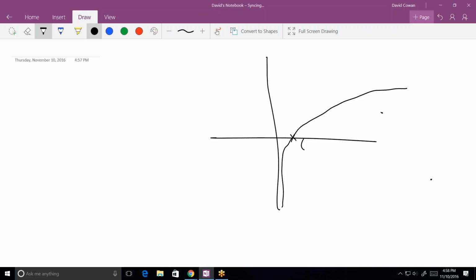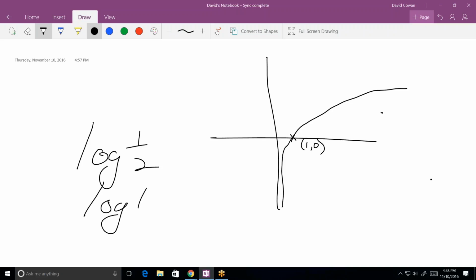If you take the log of numbers between 0 and 1, it's negative numbers. In other words, if I take the log of 1/2, I know I'm going to get a negative number, right? 1/2 is right there, and I'm in negative territory. But if I take the log of 1.1, I'm in positive territory.